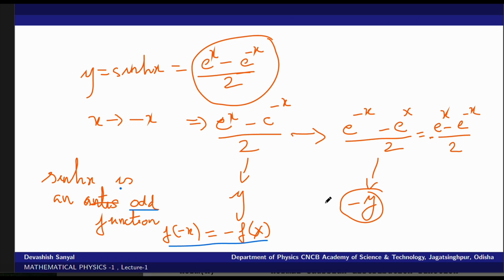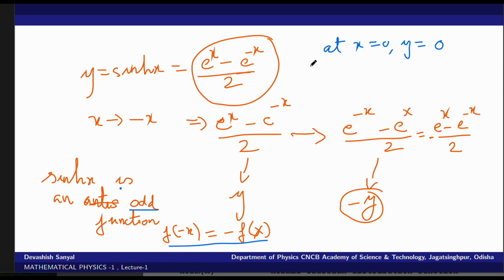And you can see this property of the sine hyperbolic function. At x is equal to 0, y is equal to 0. Clear?